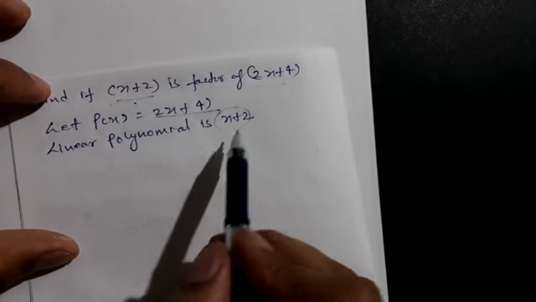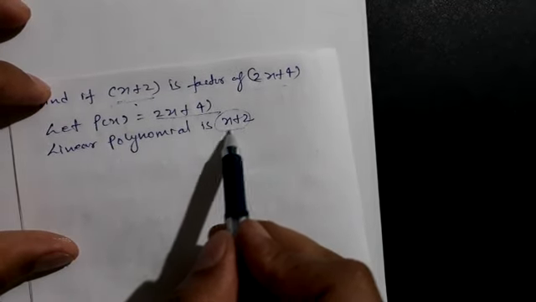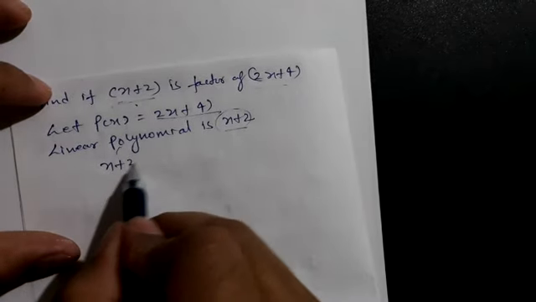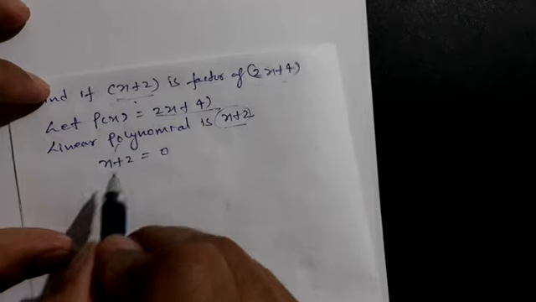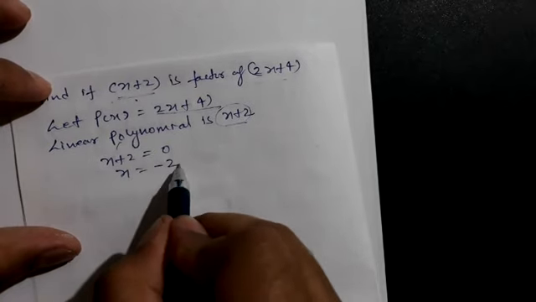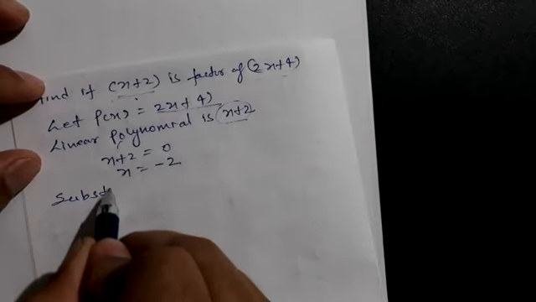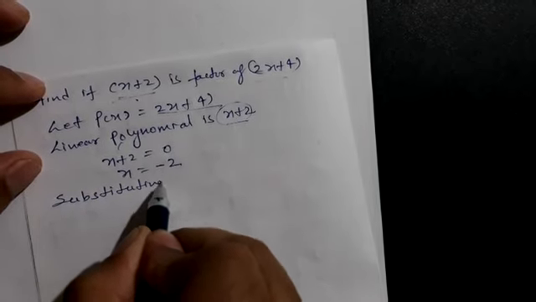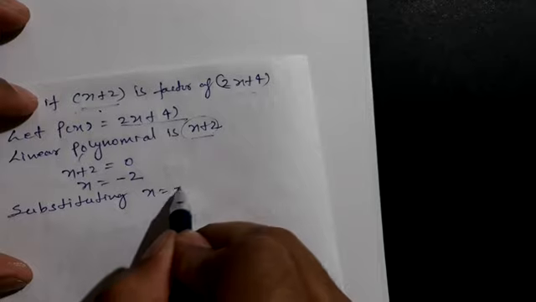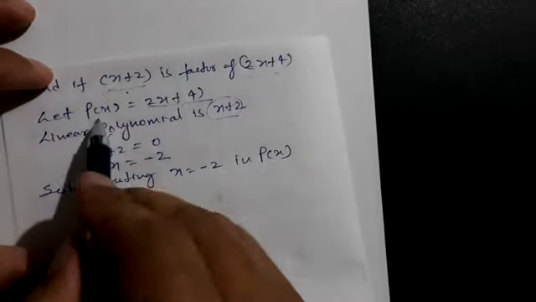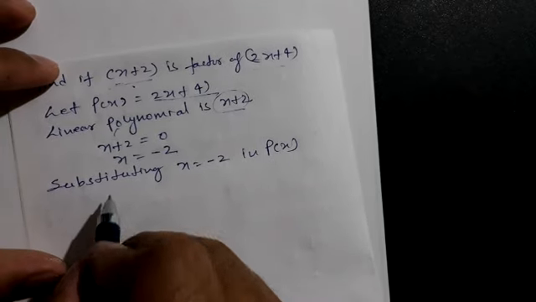So for that, first we will find the 0 of x plus 2. We keep x plus 2 equal to 0. From here x is equal to minus 2. So now we are going to substitute x is equal to minus 2 in p of x.